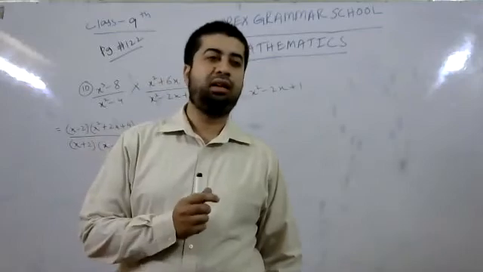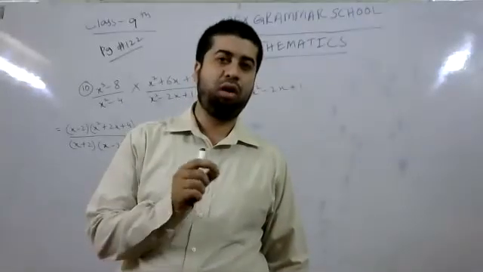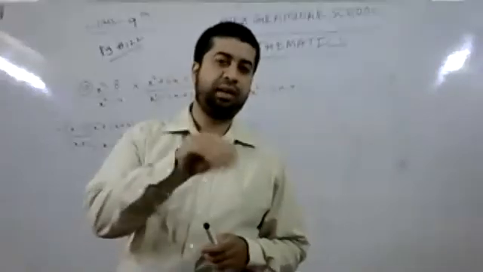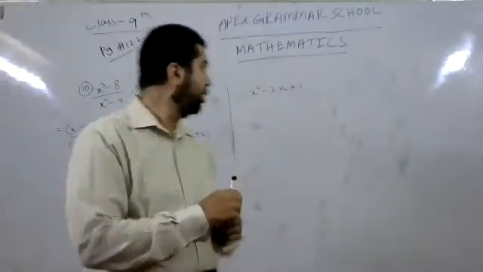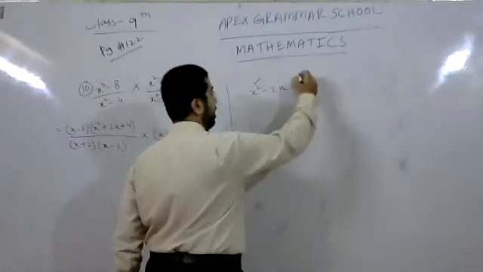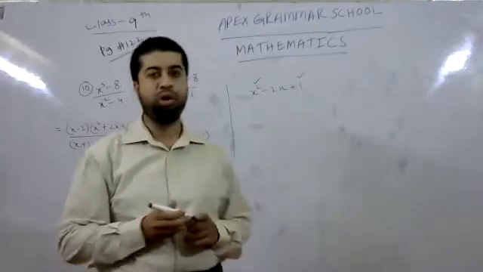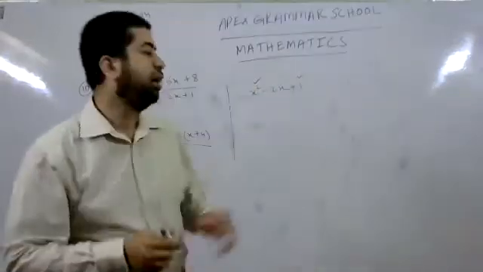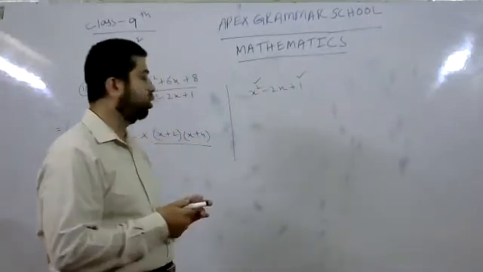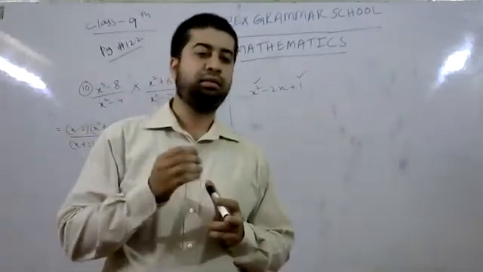To judge whether it is a formula or not, you need to find two positive squares if present in that expression. You can see that x square is a square and 1 is also a square. Both positive squares are available. x square and plus 1 is the square of 1.